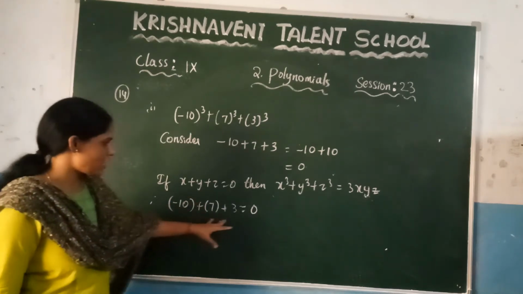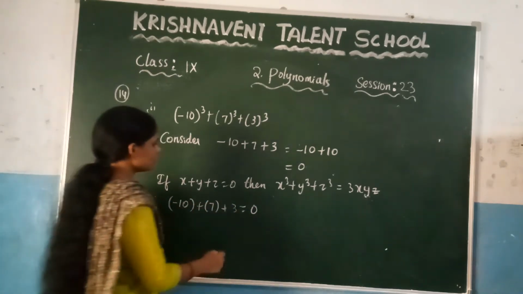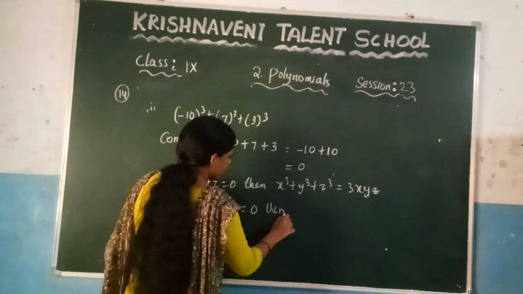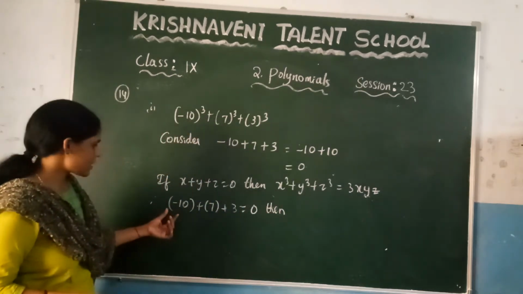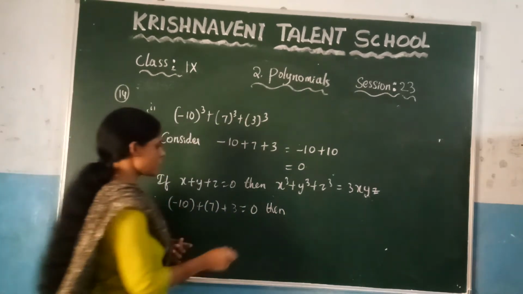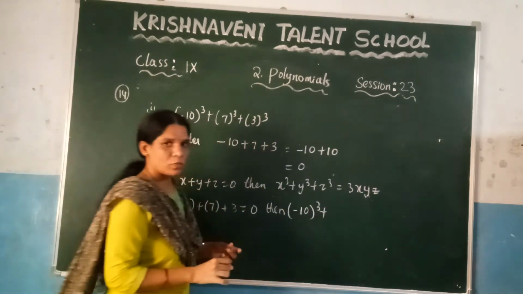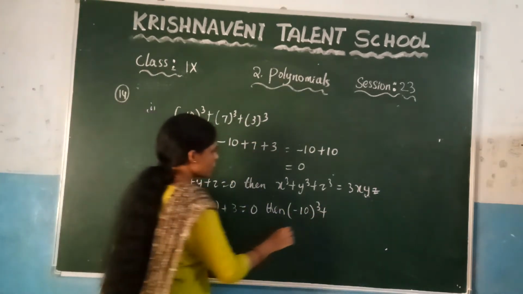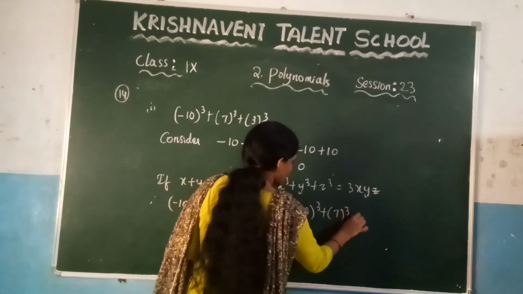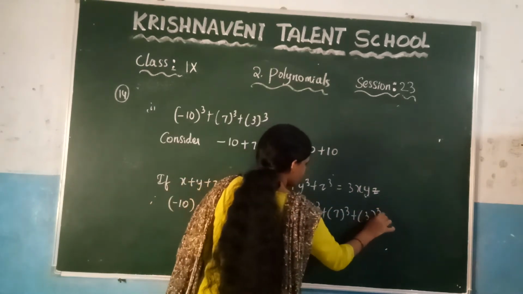So since this value is equal to 0, by this condition you can write x cube, what is the value of x here? Minus 10 whole cube plus y cube, what is the value of y, which is 7, 7 cube plus z is 3 cube.